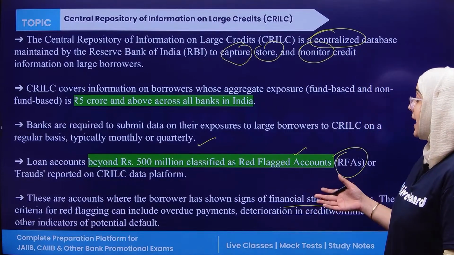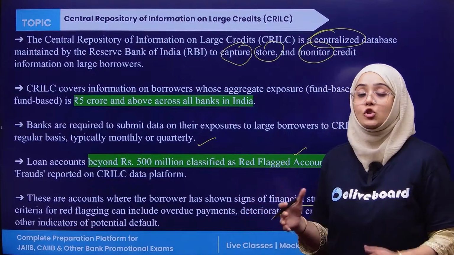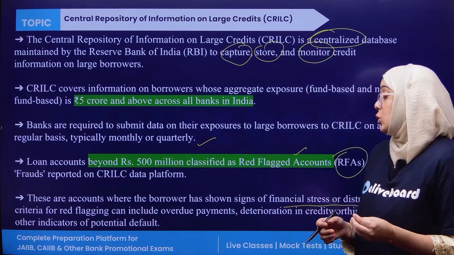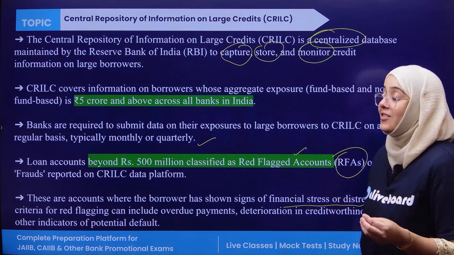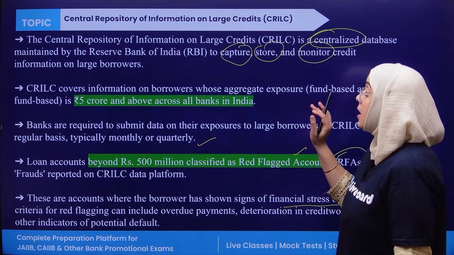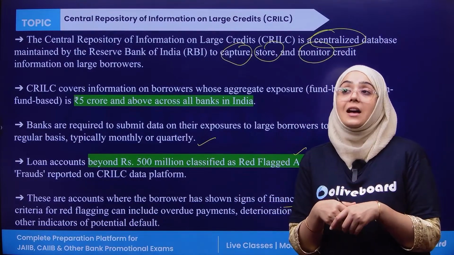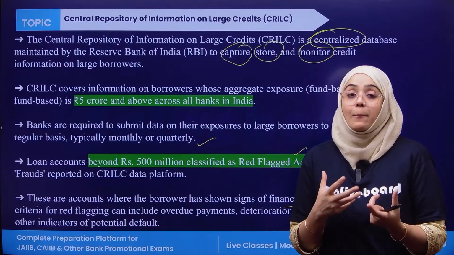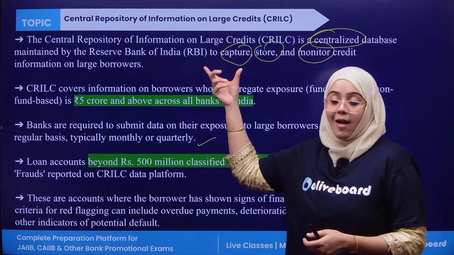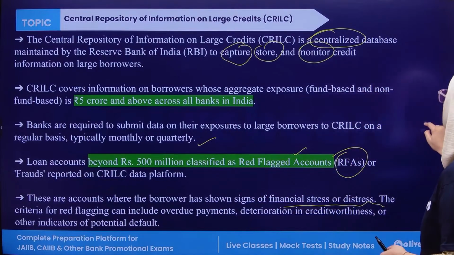This can be a sign of the red flag if the borrower has shown some discrepancies in credit worthiness, or if there is any overdue payment. In this, the data are critically captured and monitored by the CRILIC. Okay, so there are large borrowers and there are some red flag accounts also.